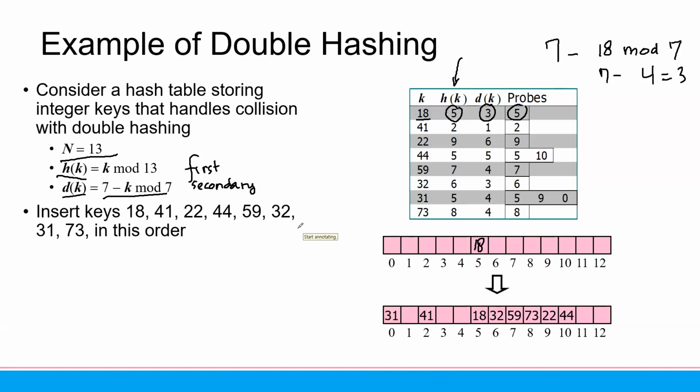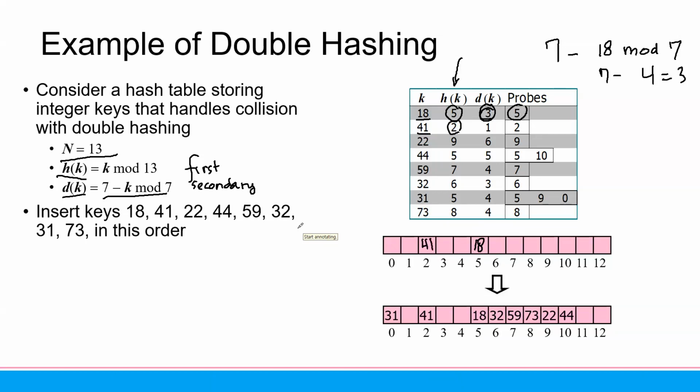Okay, so we put that here. For 41, the first hash function h(k) is 2. Is there any value in 2? No. Then we just put it here.